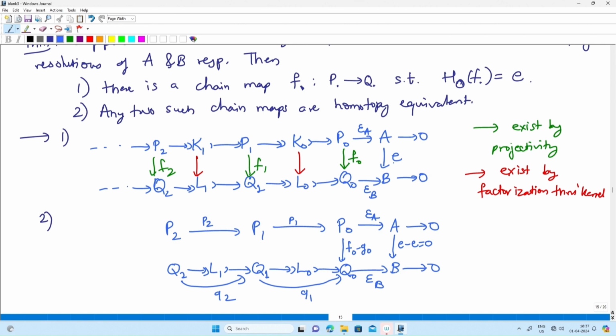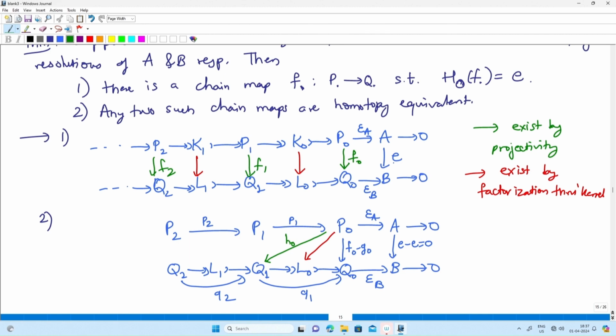So therefore, there must exist a map through kernel. Right? So let me use the red arrow. There exists a map through kernel. Okay. But Q1 to L0 is a surjection and P0 is projective. So therefore, by projectivity, there will exist a map here, and this map is what I am going to call my H0.